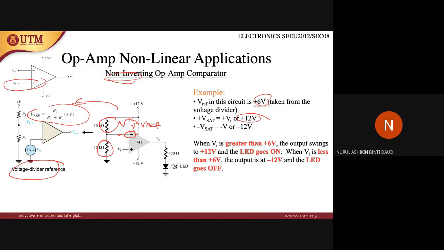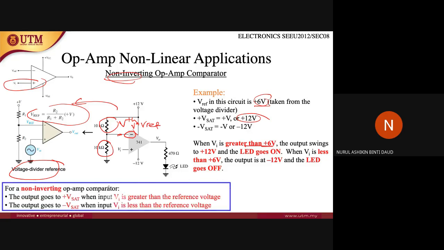So when VI is greater than positive 6, for a non-inverting comparator, if VI, which is the input, is greater than the reference voltage of 6 volts, the output will be positive V saturation, which is positive 12 volts. Since there is an LED here, the LED will go on.